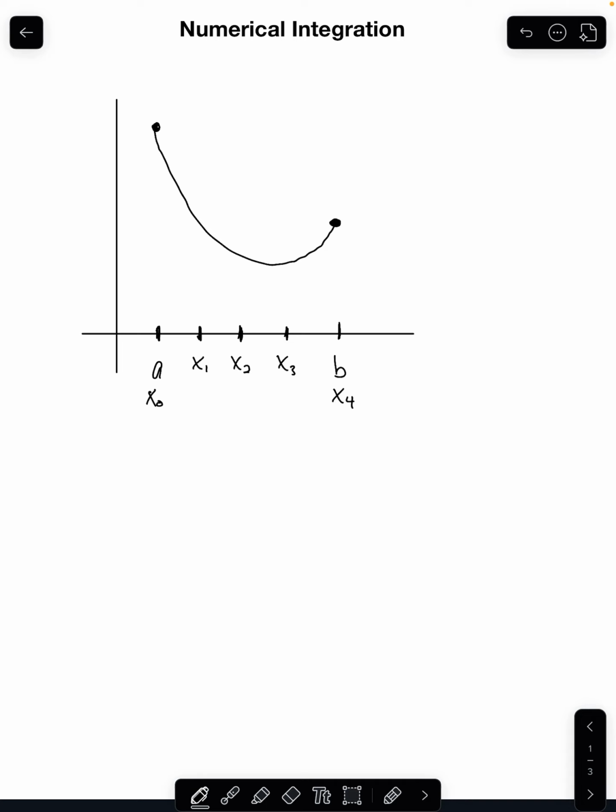Now, the idea here is that, like with the rectangles, like with the midpoint rule, we're going to have a shape that sits flat on the axis, which makes sense because that is the bottom of the region we're looking for. Now, with the midpoint rule, we would calculate the midpoint of this subinterval, use the y value at that midpoint to draw a horizontal line.